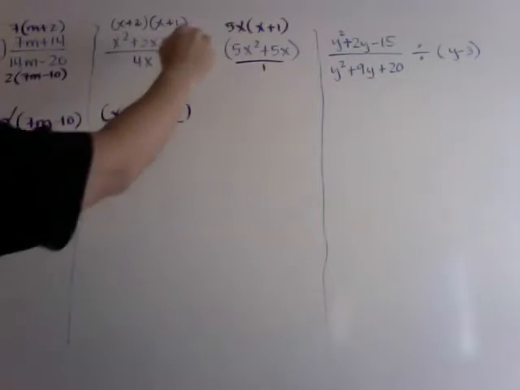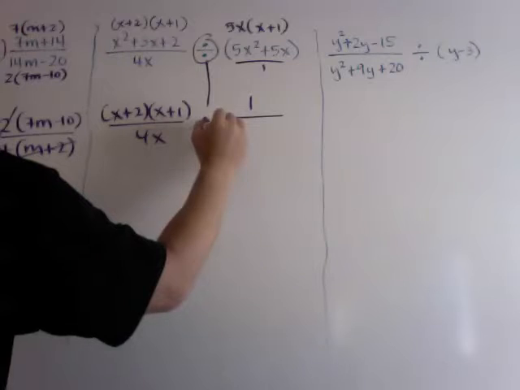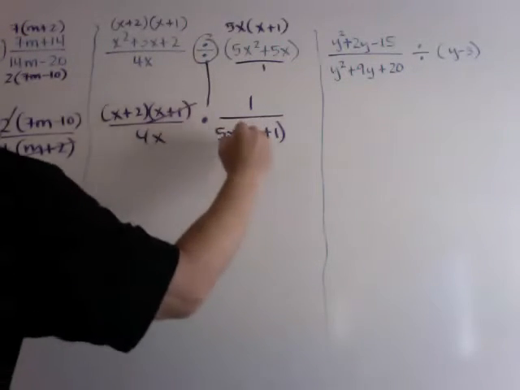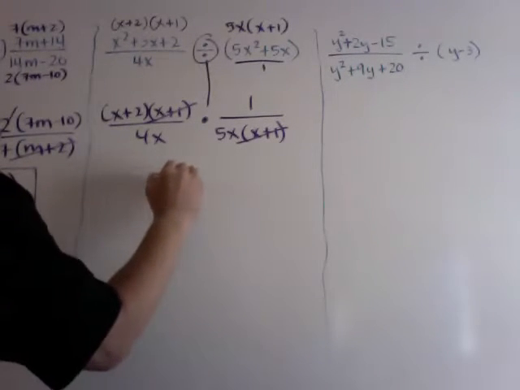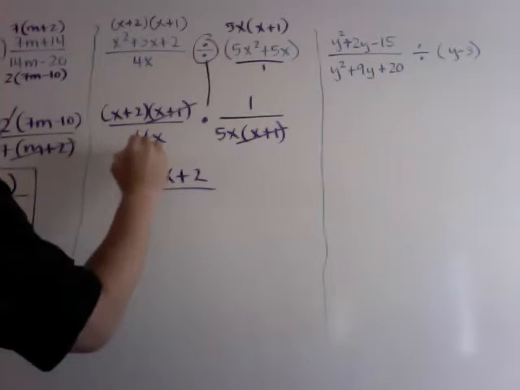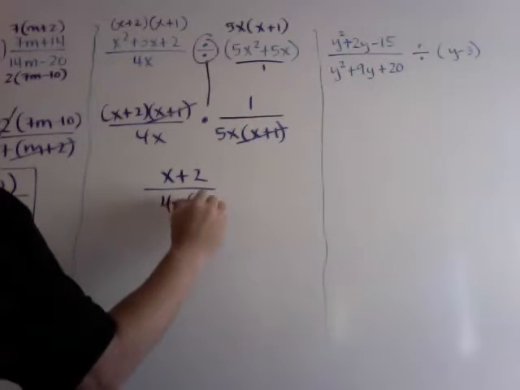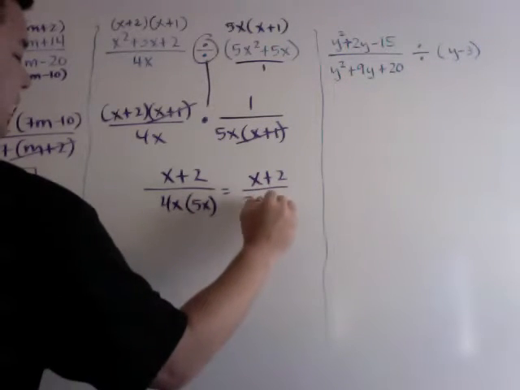And then I'm going to multiply and flip. So I get 1 over 5x, x plus 1. I can pull these out. And left on top, I got x plus 2 over, and now I do want to multiply these two. If I have 4x times 5x, that would become x plus 2 over 20x squared.